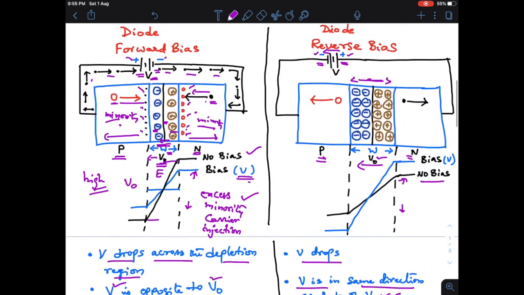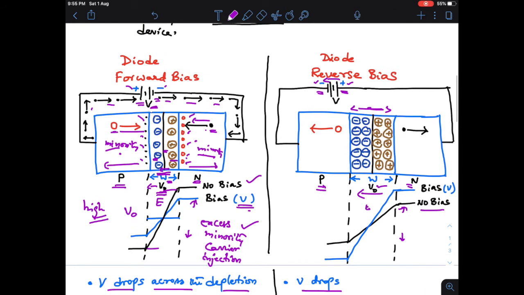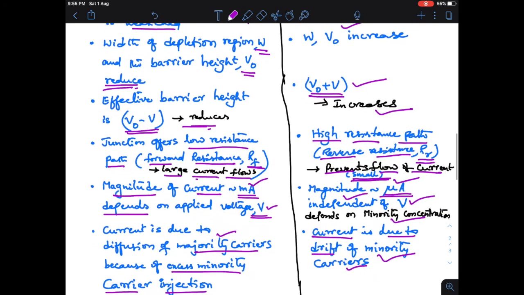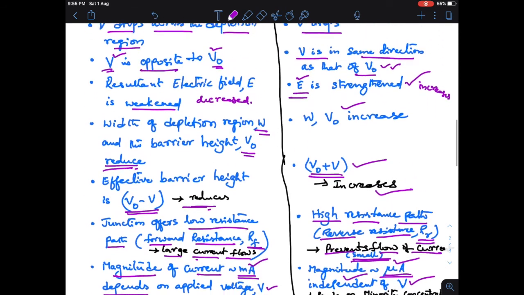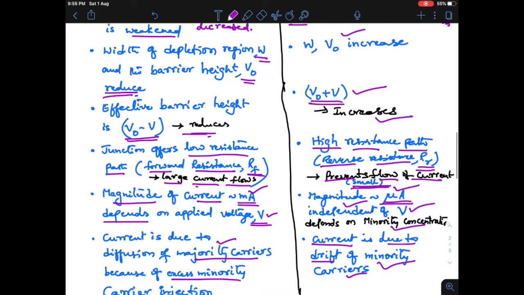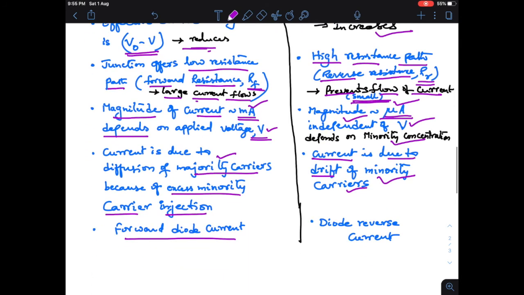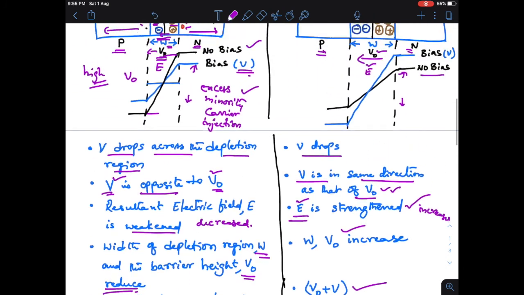Drift current is always due to minority carriers, because of this increased electric field. Now here holes are minority, here electrons are minority. So because of this drift, due to the increased electric field, there will be a current, and that is the reverse current that I will call diode reverse current. So this is how you can understand.